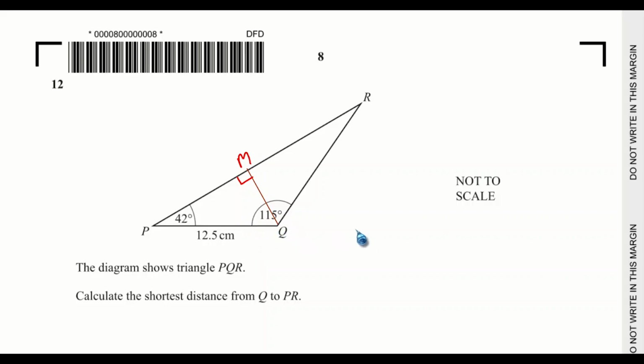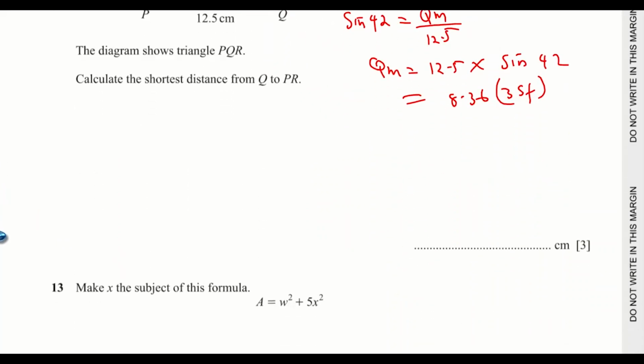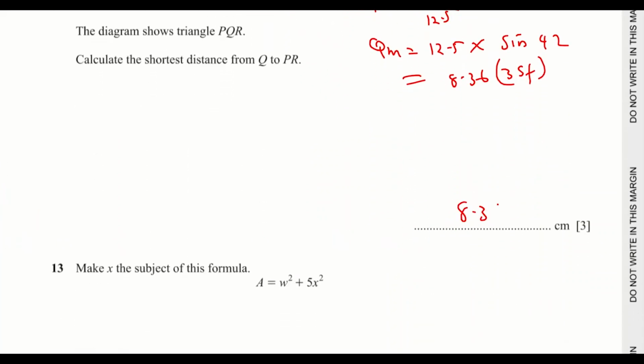So sine 42 equals QM over 12.5. So QM will be equal to 12.5 multiplied by sine 42. If you input this into your calculator, you should get 8.36, correct to 3 significant figures. So that will be the final answer here, 8.36.